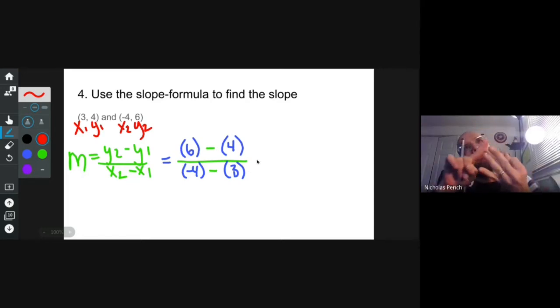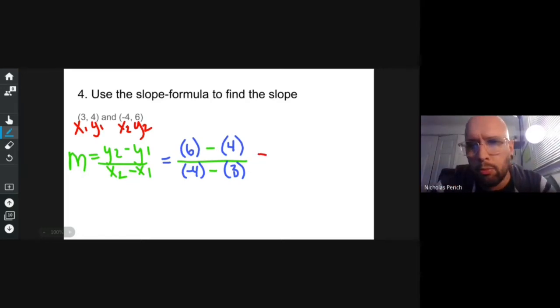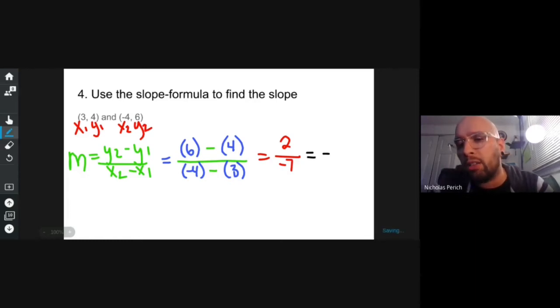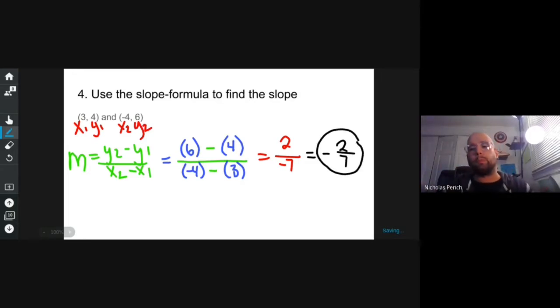So I have on top 6 minus 4, 2. Negative 4 minus 3 is negative 7. So just cleaning that up because I hate the way that looks. A 2 divided by negative 7 makes the whole thing negative, and you can't simplify that, so negative 2 over 7.